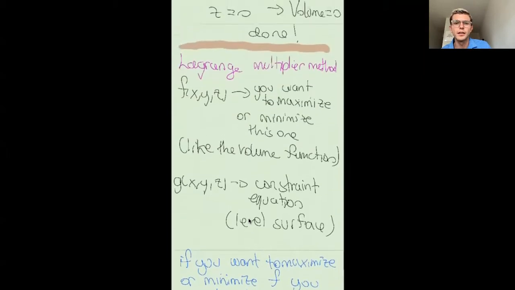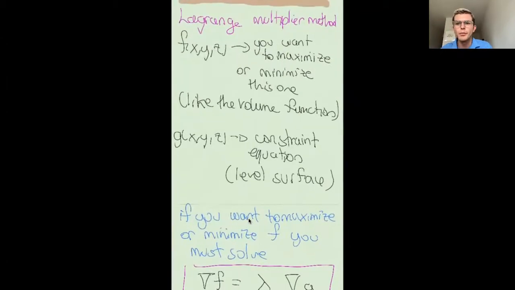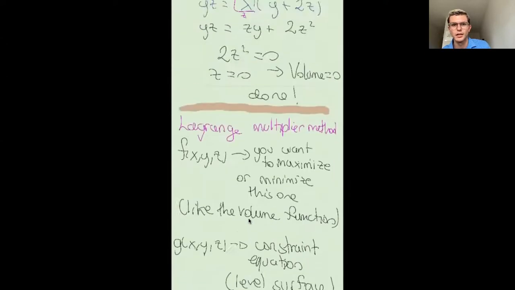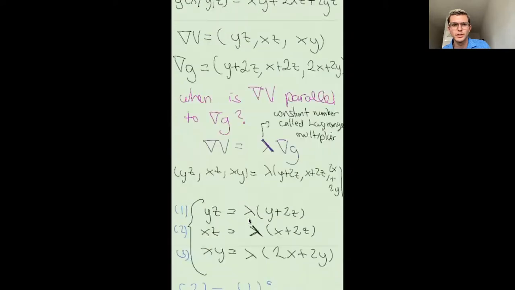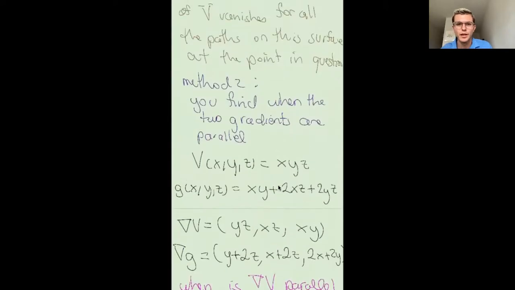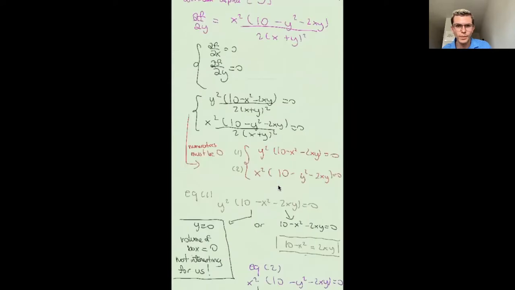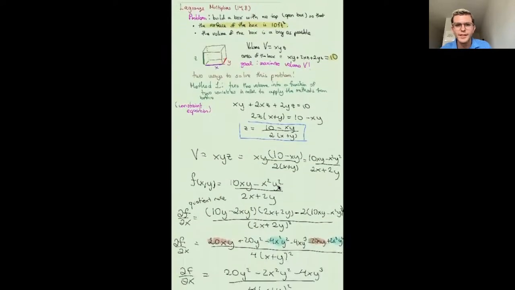The difference is that in this context, x, y, and z are not independent variables. At the very beginning of this problem, I told you that this surface area had to be 10. That means that in the context of this problem, if you change one, you are affecting the other variables.